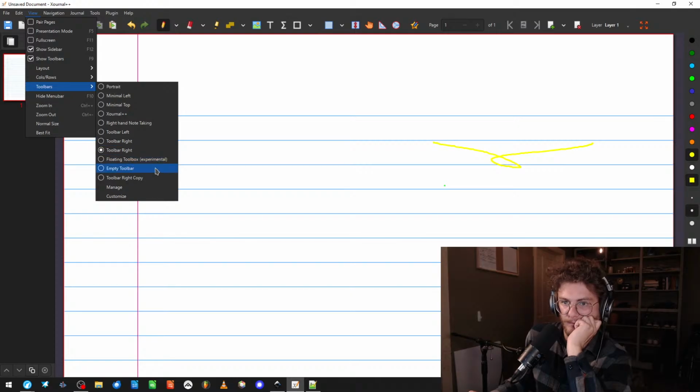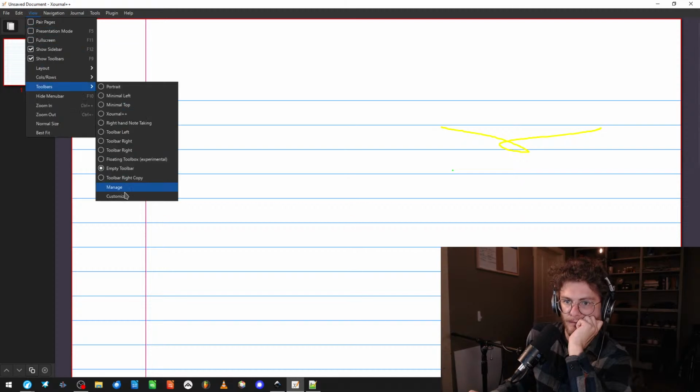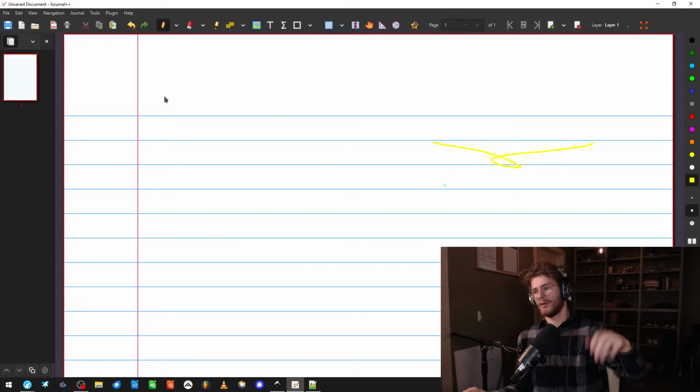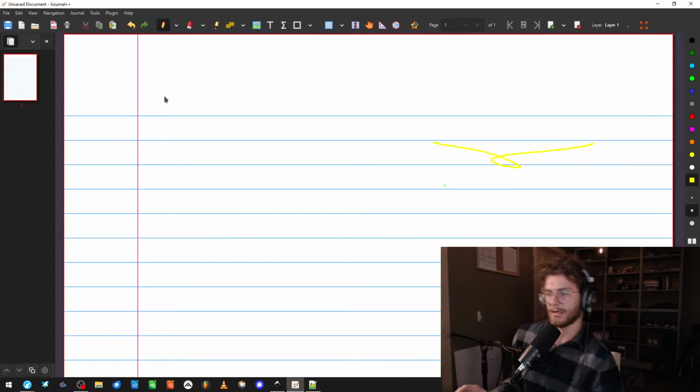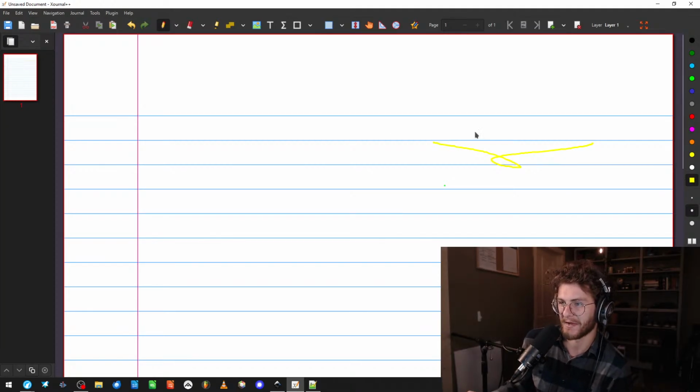Floating toolbox, empty toolbar, empty toolbar, yeah. And then toolbar right copy. I don't know what that's from. It could be in like a config file inside of my users directory. This is confusing. This is bad. This is very bad. This should not be this complicated.